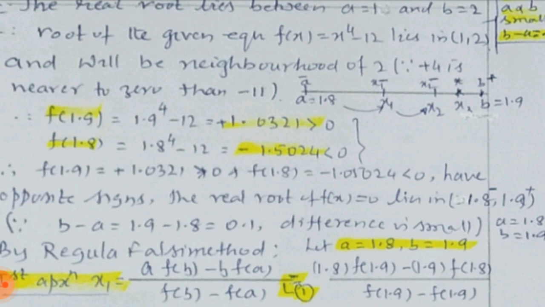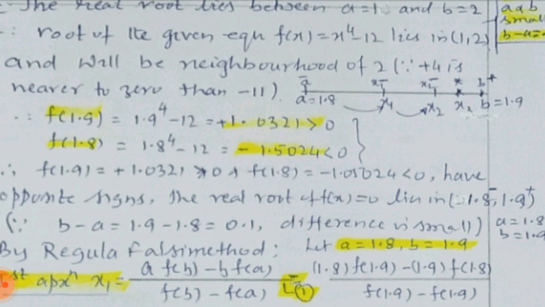Put x is equal to 1.9 in the f of x. F of 1.9 is equal to 1.9 to the power of 4 minus 12 is equal to 1.0321. It is positive. And put x is equal to 1.8. F of 1.8 is equal to 1.8 whole to the power of 4 minus 12 equal to minus 1.5024.